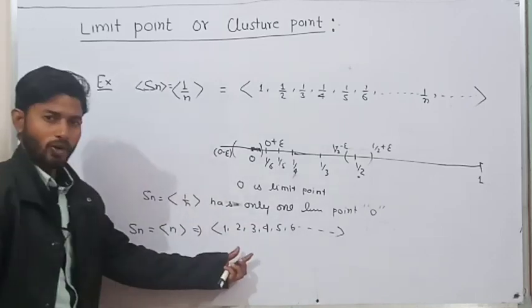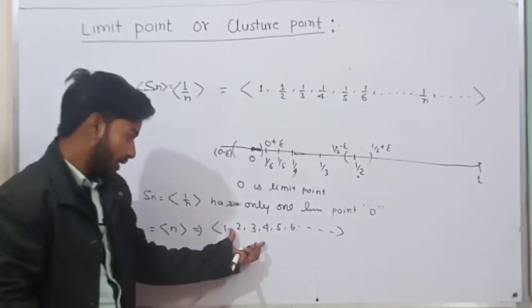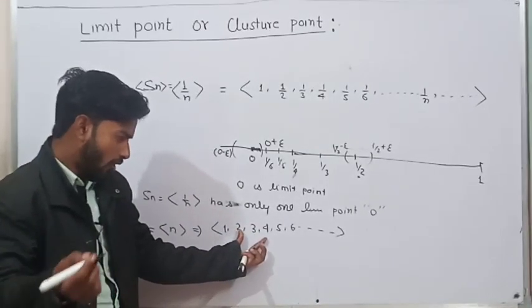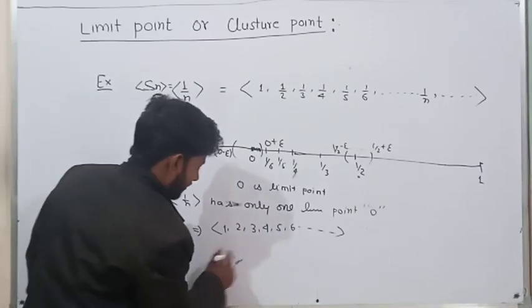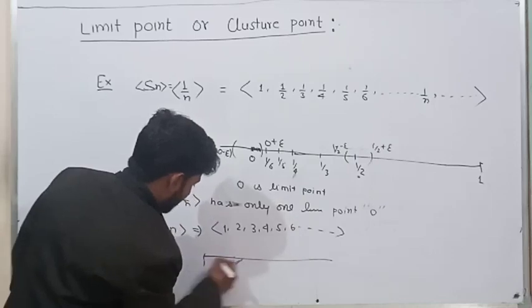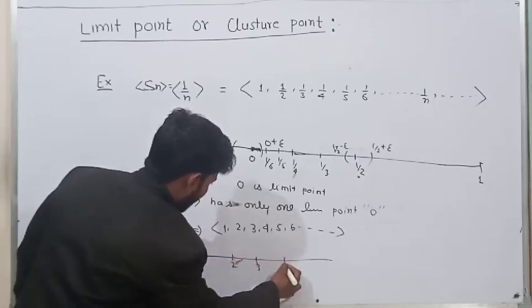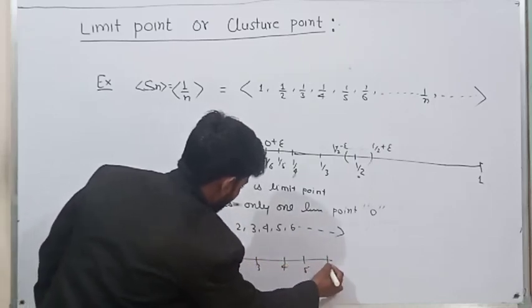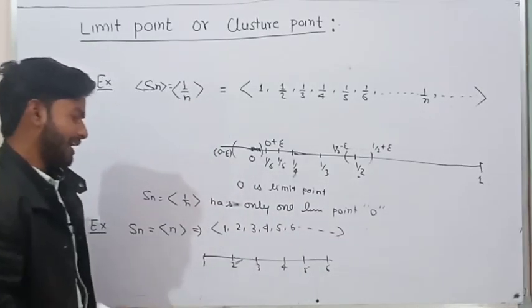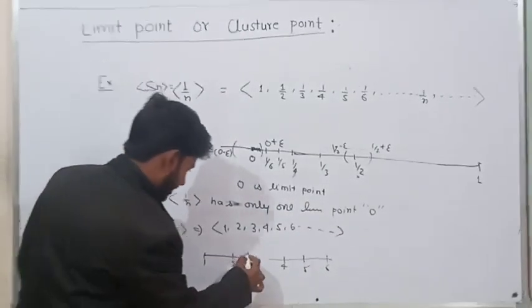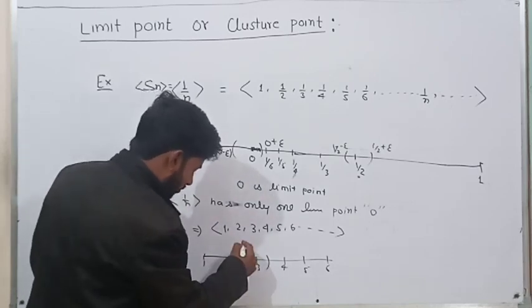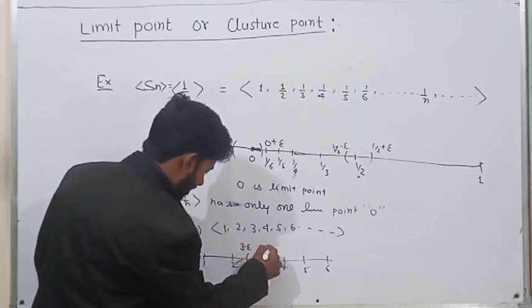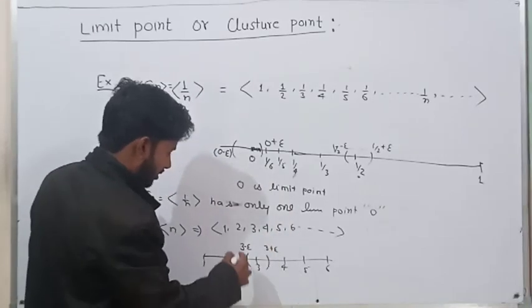If we take any point and check whether it is a limit point or not, say 3, and find the neighborhood, it becomes (3 minus epsilon, 3 plus epsilon).